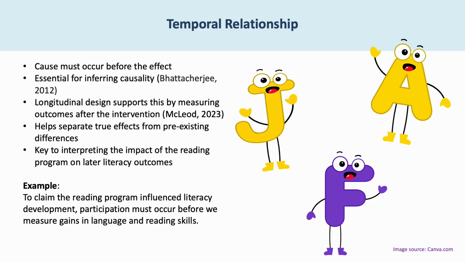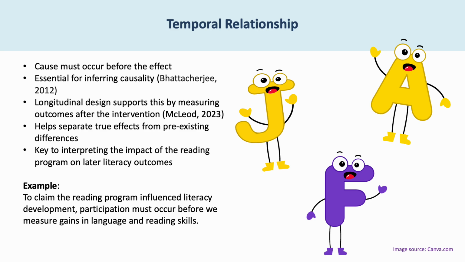So if we measure outcomes before the intervention or at the same time, we can't be sure whether the changes we observe were caused by the program or if they were already present. Our longitudinal design helps us meet this assumption by collecting baseline data first, then introducing the reading program, and then measuring outcomes at 2 later time points.